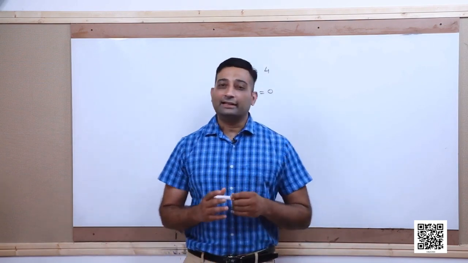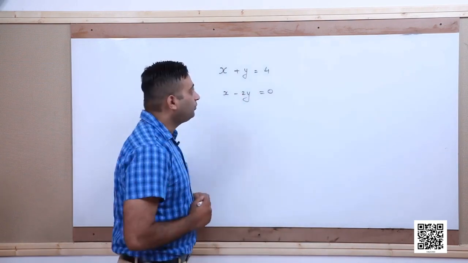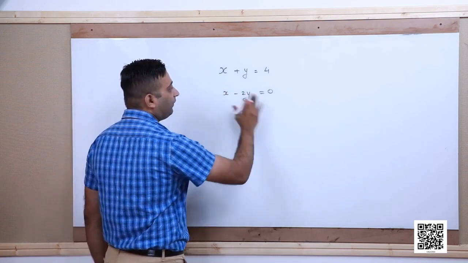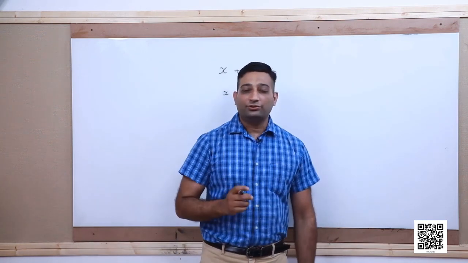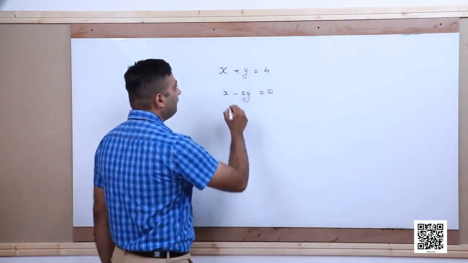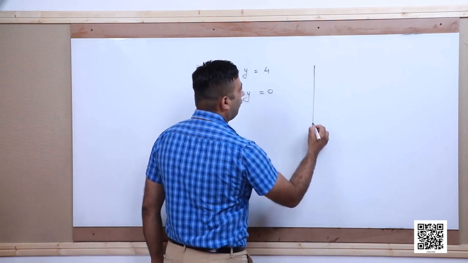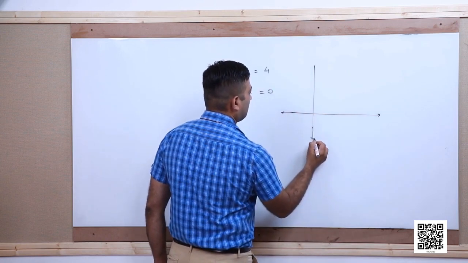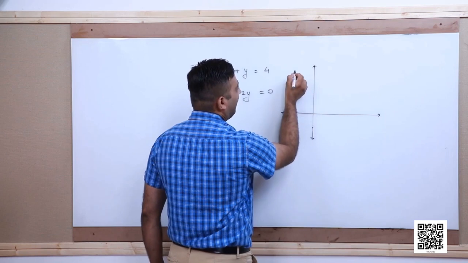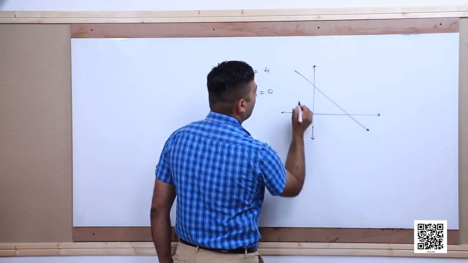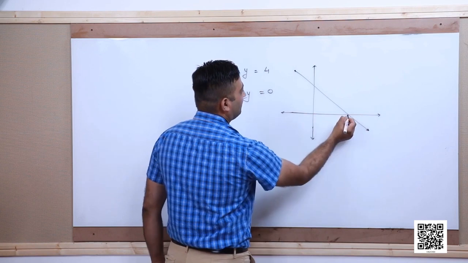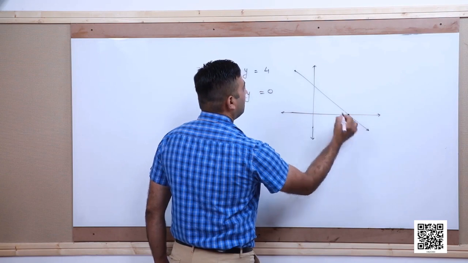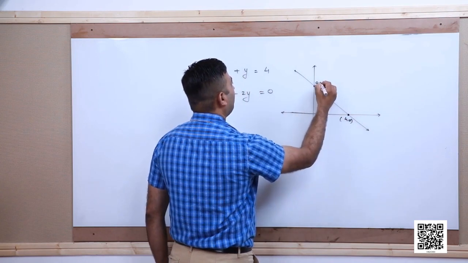Dear students, now let us consider a pair of linear equations in two variables: x plus y is equal to 4 and x minus 2y is equal to 0. Let us draw their graphs. Let us first plot the graph of x plus y is equal to 4. We can see that the graph of this linear equation will be represented by a straight line passing through (4, 0) and (0, 4).